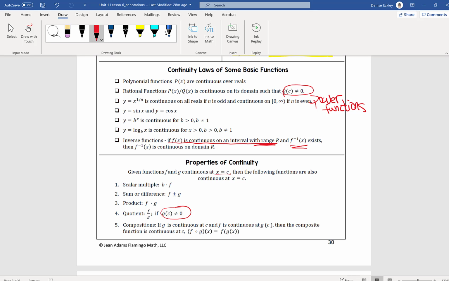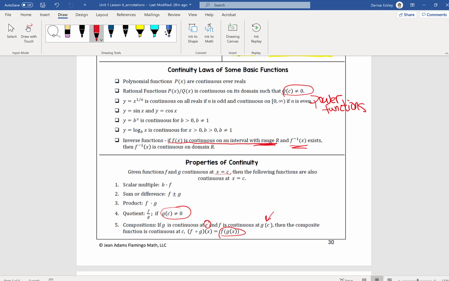And then finally, the composition of those functions: if g is continuous at c and f is continuous at g of c, because that's the other condition. So if you're doing f of g of x, g has to be continuous at that point, but you have to make sure that f is continuous at the y value of that point for the composition to be continuous.